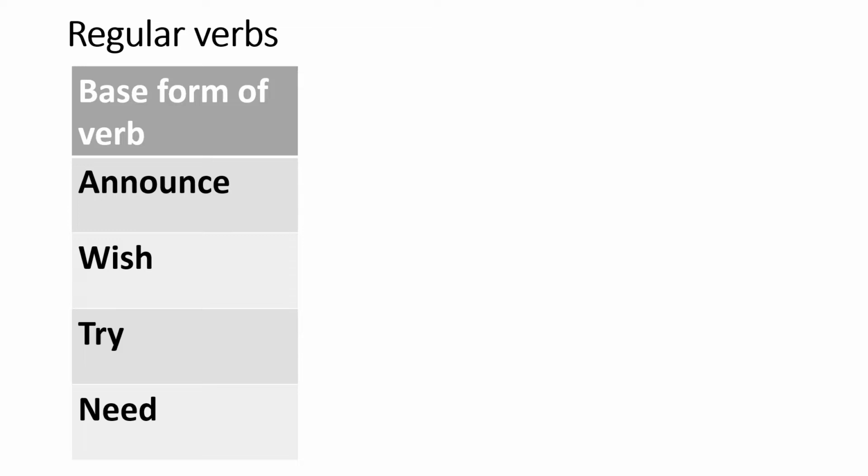And the usual rule is to add ed, d, or ied to the base form of the verb to create the past forms. For example, here we have base forms of different verbs such as announce, wish, try, and need.